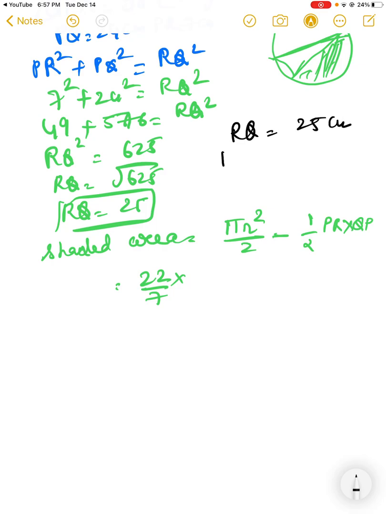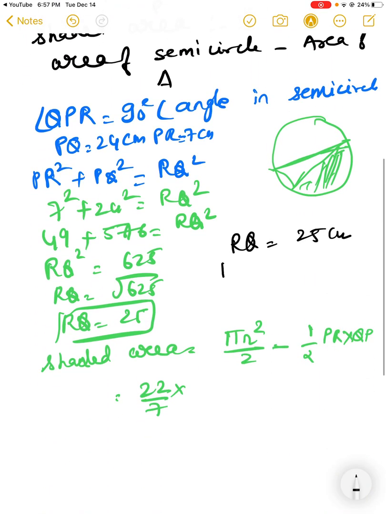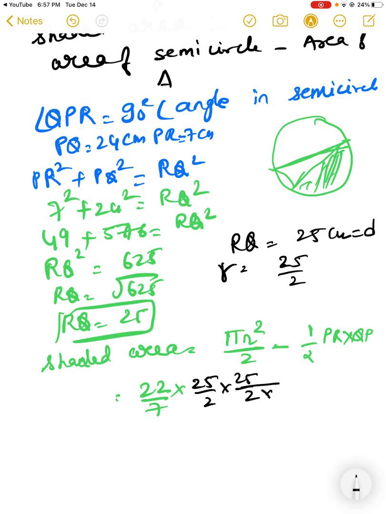So if you take here O, radius will be, now RQ is equal to 25 centimeters is equal to diameter. So R will be 25 upon 2. So we will be taking here 25 upon 2, 25 upon 2, and already upon 2 is there.